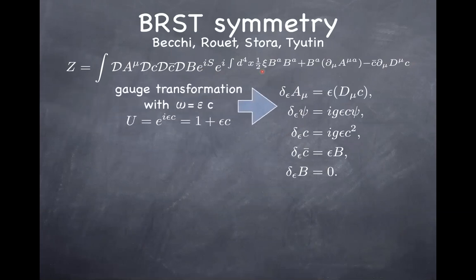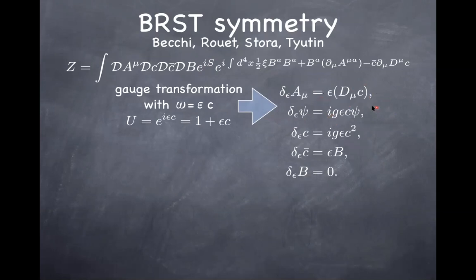Of course, you can just go ahead and check this invariance by explicit calculation, but for later purposes, it's useful to go through the following set of arguments. First of all, this main action depends only on the gauge field and matter fields, and doesn't depend on the ghost fields and auxiliary field.